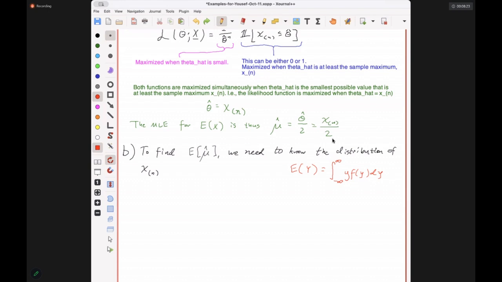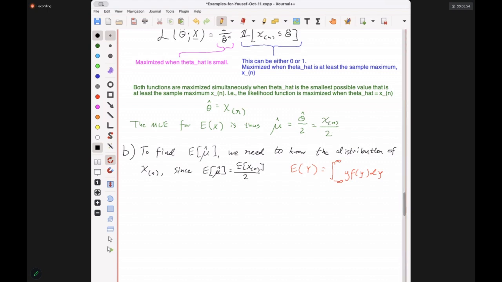Okay, so if we can find the expectation of xn, then we have the expectation of mu hat, because the expectation of mu hat is equal to the expectation of xn divided by 2.